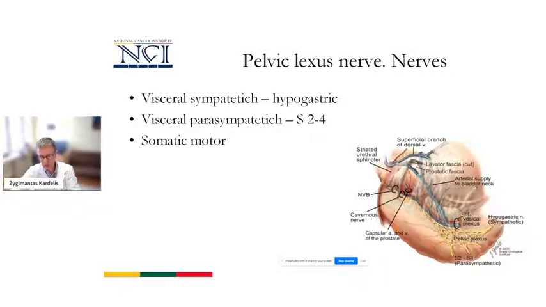The branches to the membranous urethra and corpora cavernosa also travel outside the prostatic capsule in the lateral pelvic fascia, dorsolaterally between the prostate and rectum.